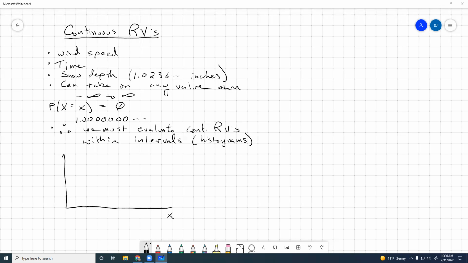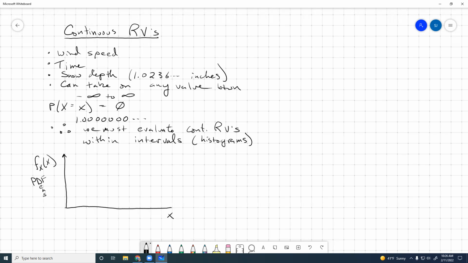And then on the y-axis, we're going to introduce this, and we'll introduce it and then define it a little bit better. So little f of x, or evaluated at x, also known as our probability density function.